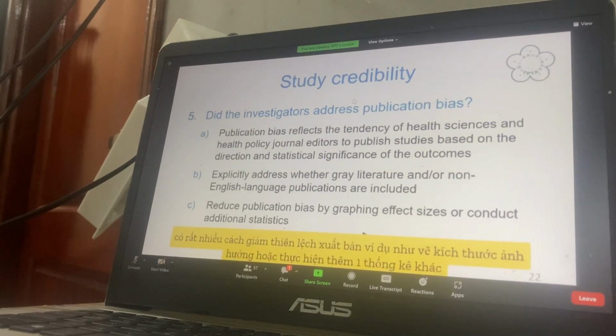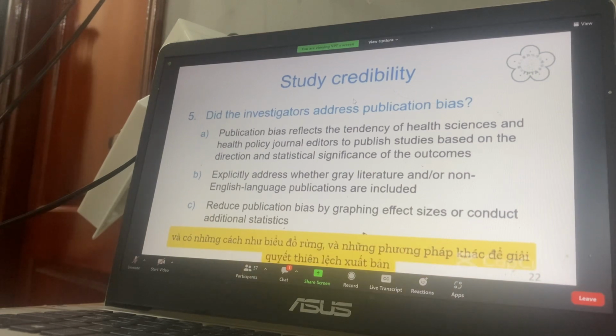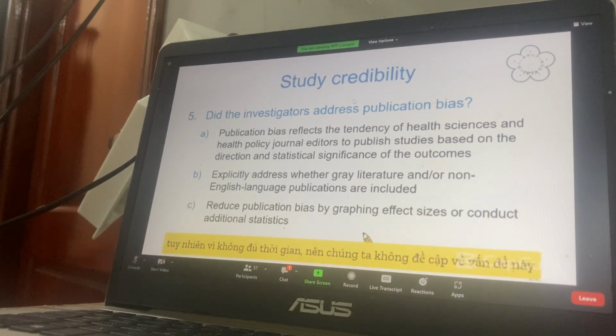And there are a lot of ways to reduce publication bias, such as drawing effect size or conducting additional statistics. There are methods like the funnel plot or some other plotting methods to address this publication bias. However, because of the limited time, we're not going to talk about this.